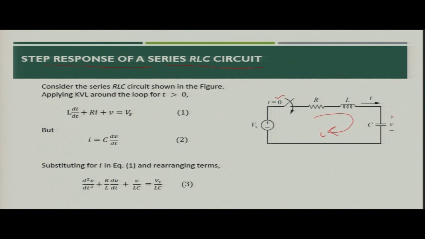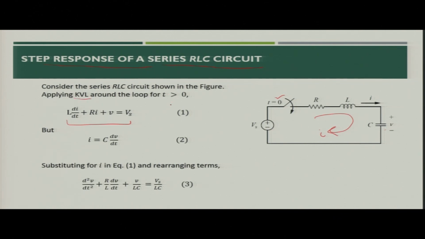We can assume initially the voltage across the capacitor is V naught, and the current flowing through the inductor is I naught. These two are the initial conditions which we know, and based on that we will simplify the loop or mesh equation which we get from KVL.